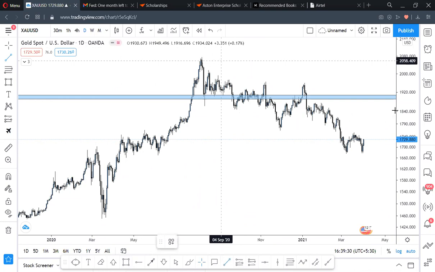I was looking at 1600 and 1500 as real optimistic, but now the last couple of. And these are inner trend lines.